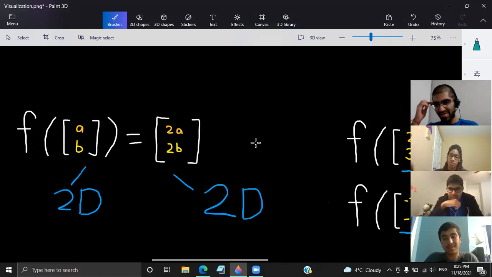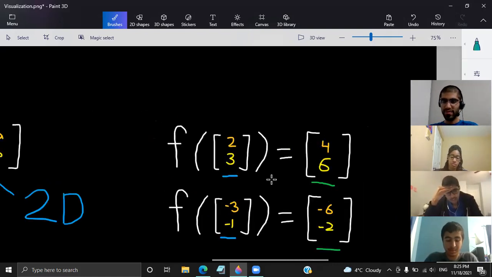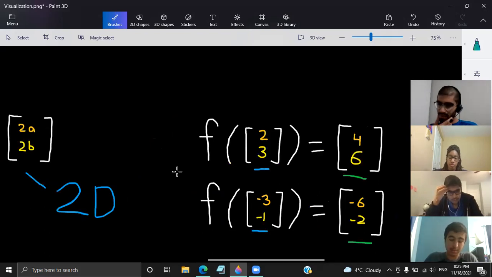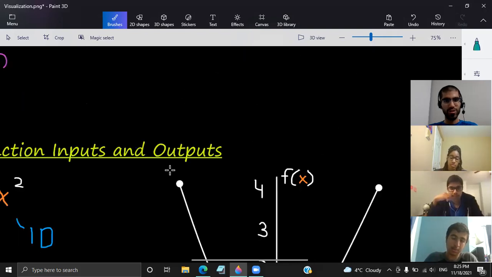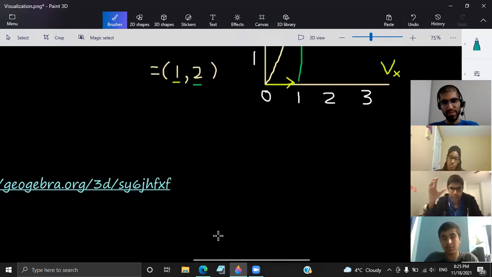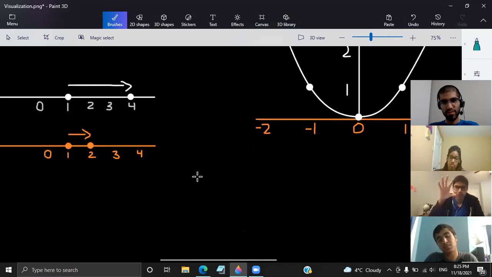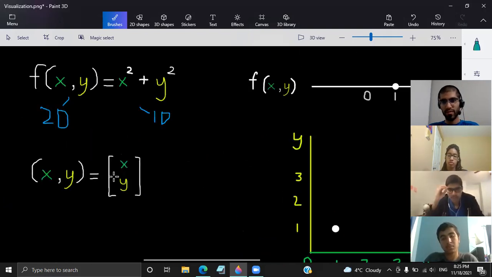This is tricky. I'm thinking. So we know how to visualize 2D vectors. Right, and let me ask again, how do we visualize 2D vectors? As points or as arrows? Right. So we can put an input vector there, and then we can have another plane for our output.